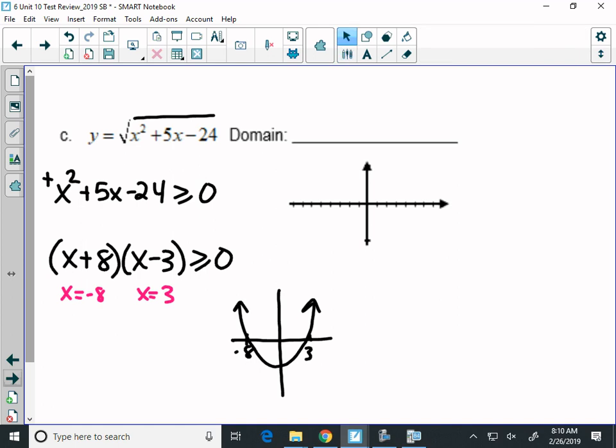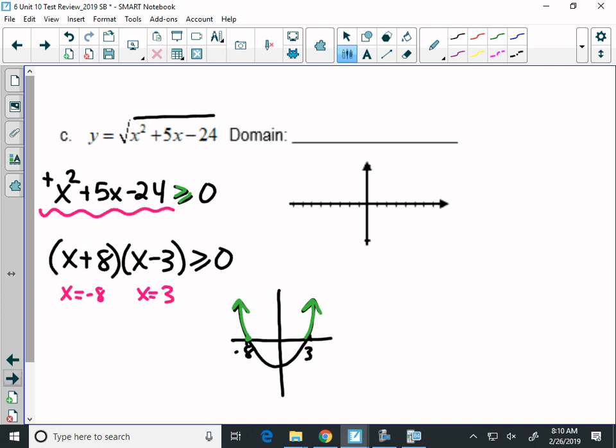And I want to know where I am greater than or equal to 0, which is these two tails of my quadratic equation. So what this does for me is it tells me actually what my domain is, because remember, I want to know where the quadratic is greater than or equal to 0.